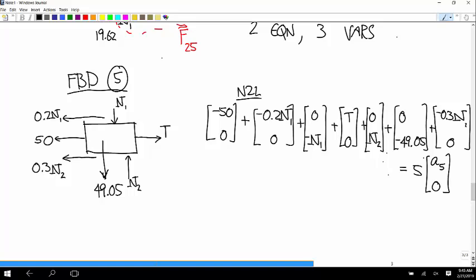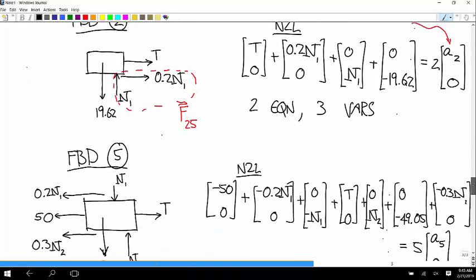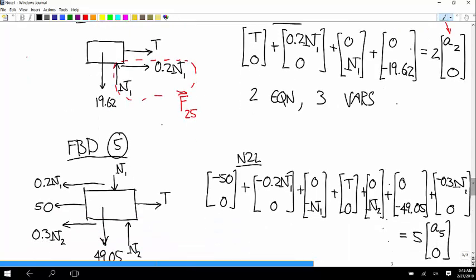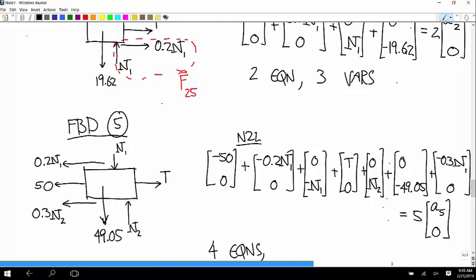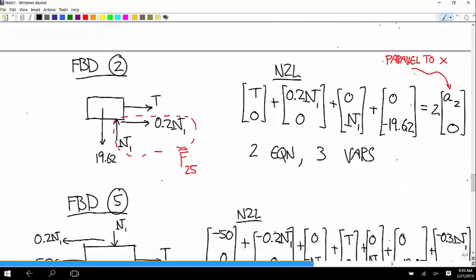Okay, so now we have 4 equations. And how many variables? Hopefully 4. So 1, 2, 3. That's T, N1, and A2.